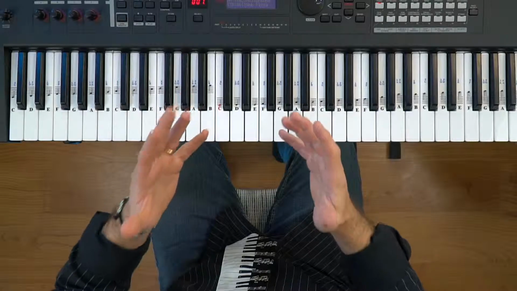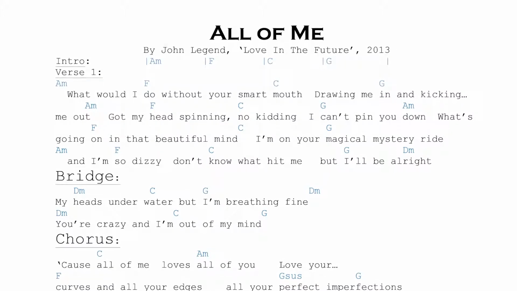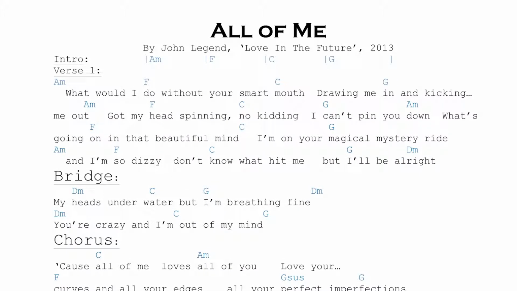The chord progression in the verse near the beginning is A, F, C, G. This is repeated to form the verse, like this. A minor, F major, C major, and G major.